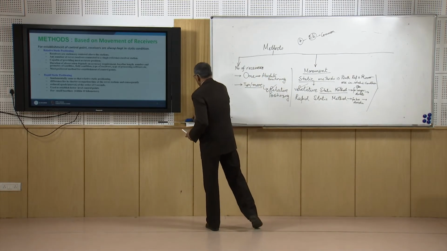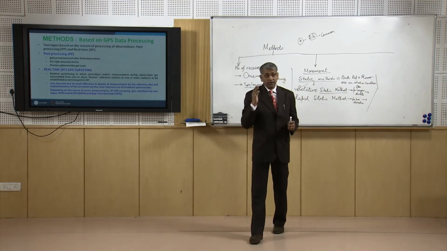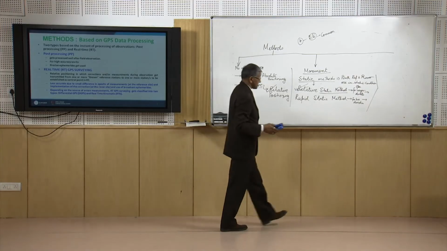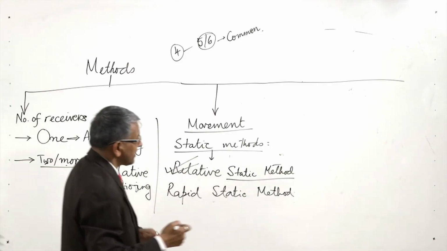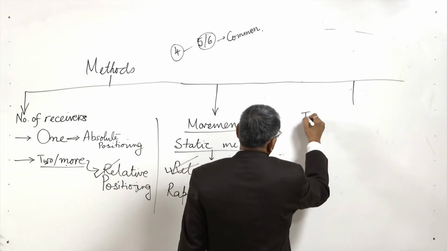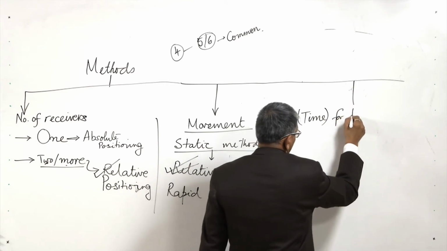Next, the categorization is based on data processing, that means when the GPS data will be processed. So the third criterion for classification is the time for data processing.